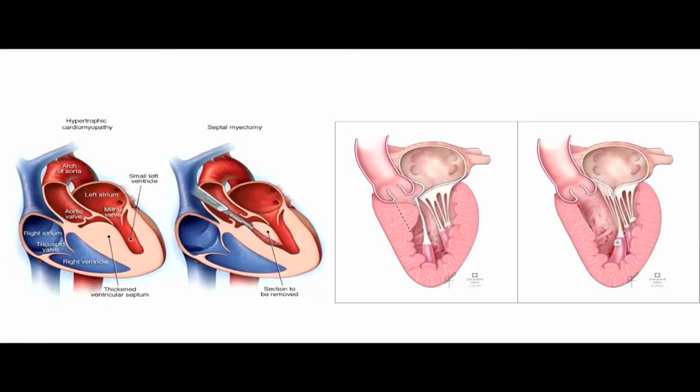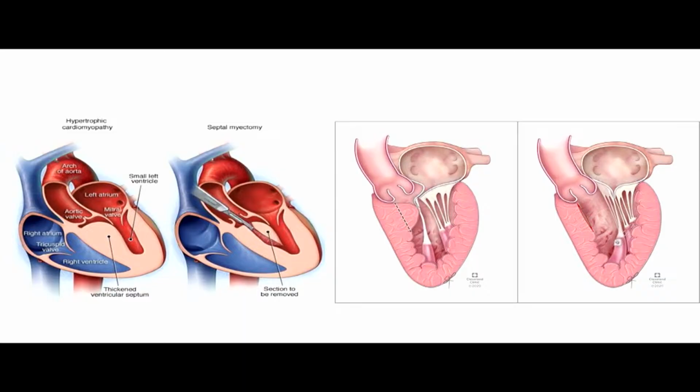Similarly, if the patient has intrinsic mitral valve disease, anomalous papillary muscle, or an abnormal elongated mitral valve, or suppose, as I was saying, the coronary arteries arise from here and from here.